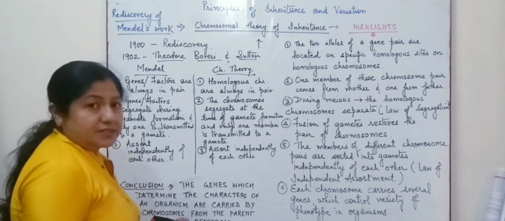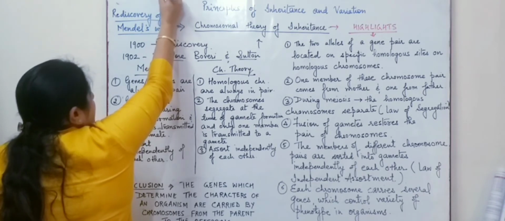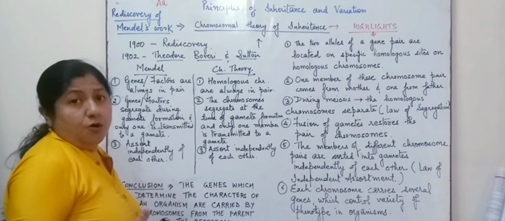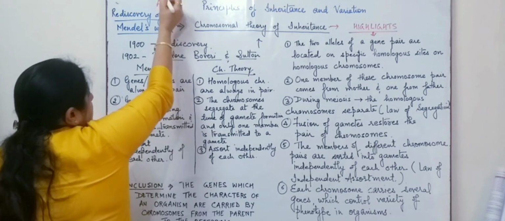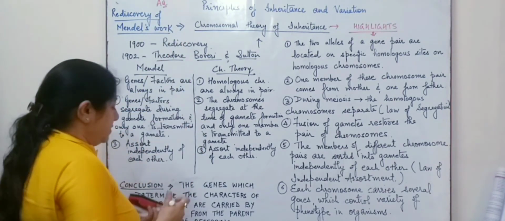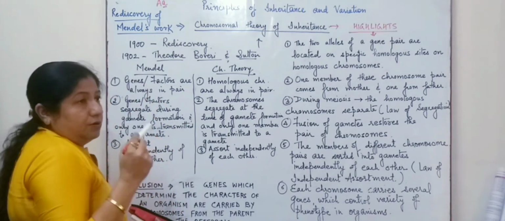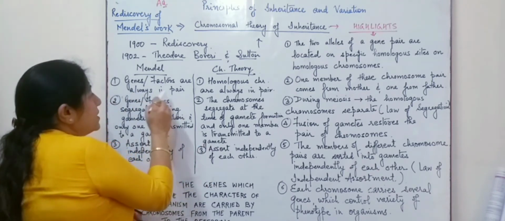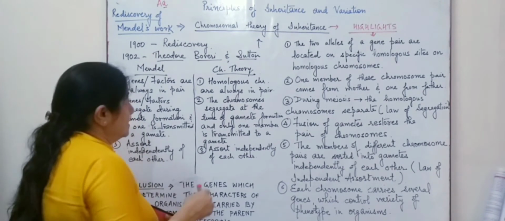We have already studied in the previous videos that for a trait, the allelic pair has to be there, and it could be similar or different, that is, one dominant and one recessive, or both dominant. So we have the allelic pair which is responsible for the trait. The factors, which Mendel called factors and we now call genes, are always present in pairs, and they are found in the somatic cells.